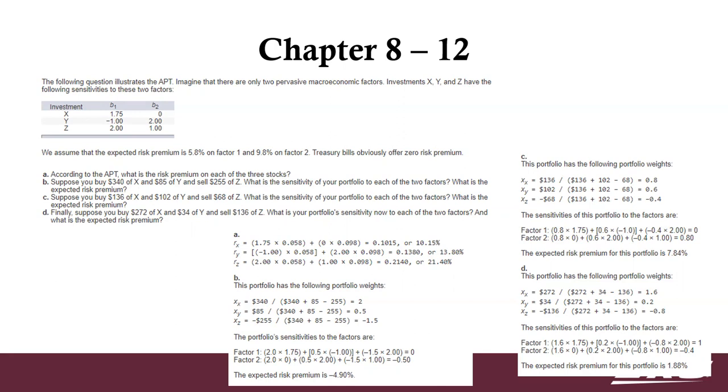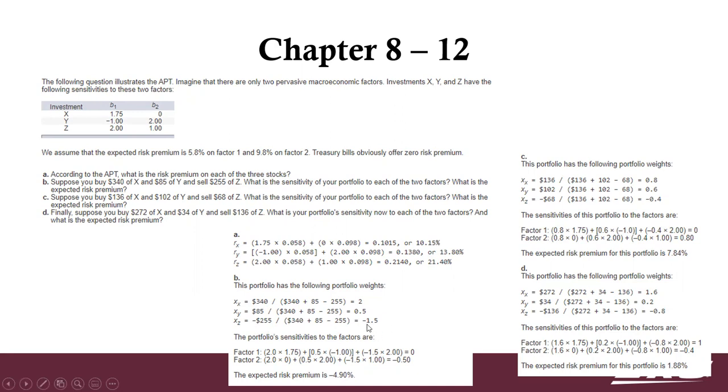So first we're going to say, we're going to have two times our investment in X, half of our investment in Y, and then we shorted 1.5 times of Z. And so it's like we took out a loan, basically.